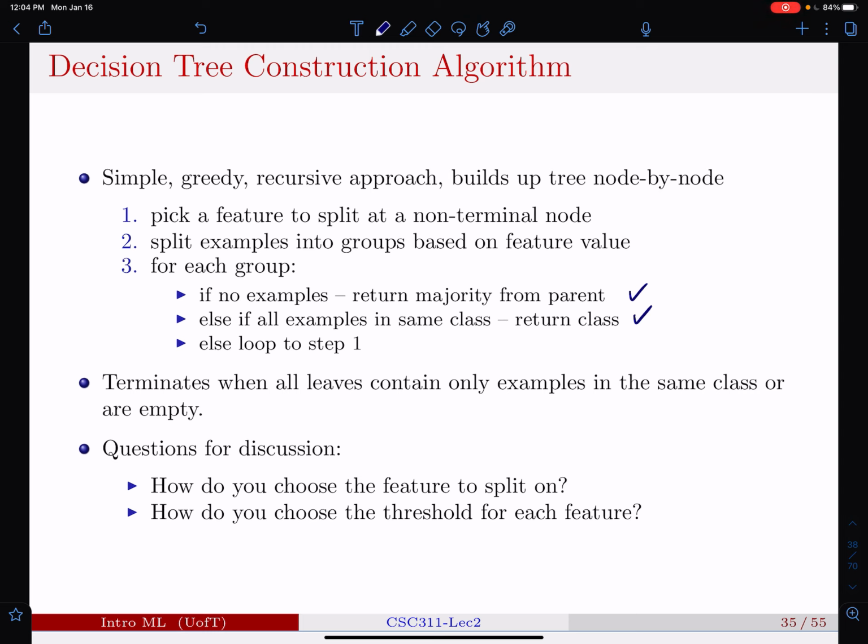In the previous slide, you mentioned that the way we find the split with the most information gain is by trying every different combination. How do you do that when you have a continuous feature? I don't think we'll ask you to implement a decision tree on homework, but intuitively, you would sort the values, and to consider all possible splits, you look at any time there's a change in the values.